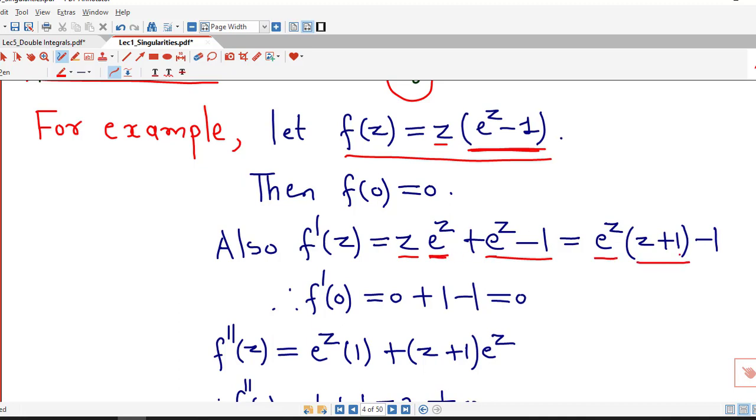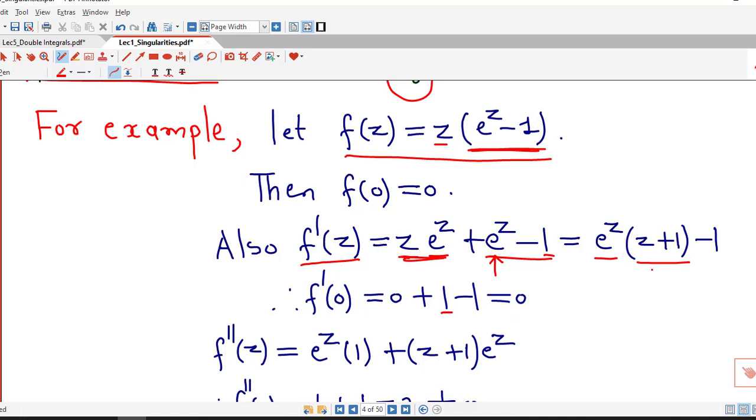So we have e raised to z into (z plus 1) minus 1. Now if we calculate the value of the first derivative at z equal to 0, this becomes 0 plus e raised to 0, which is 1, minus 1. So the first derivative at z equal to 0 is 0.